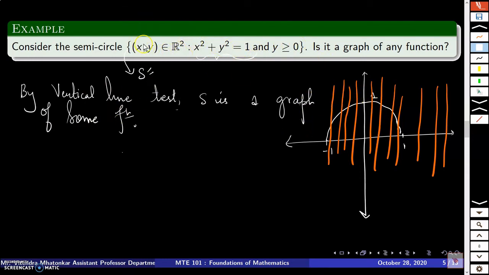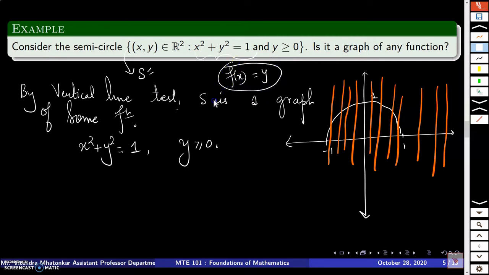Okay, so we are already given the pair x comma y satisfying this equation with y greater than or equal to 0, right? And now when I find a function, what I actually look out for is the value for y. y of x, y is nothing but the value of the function, right? So we are actually looking out for y now. So if you transfer this x square to that side, y square will be equal to 1 minus x square.